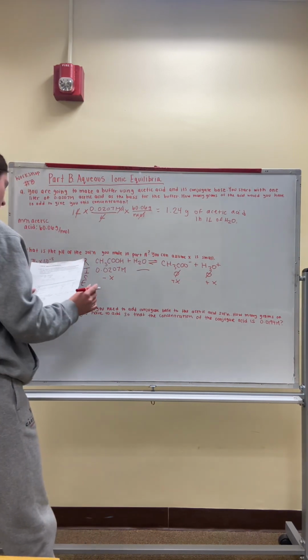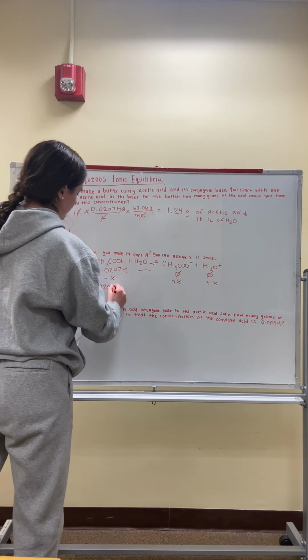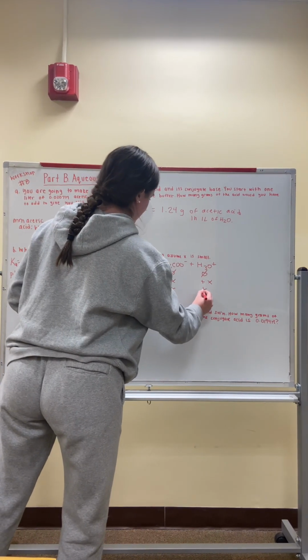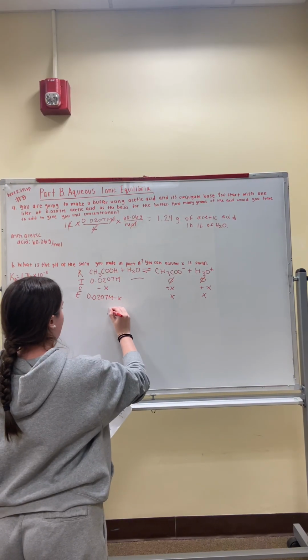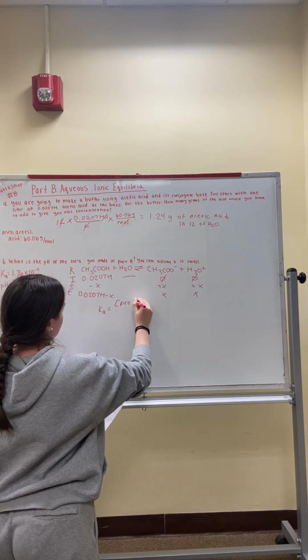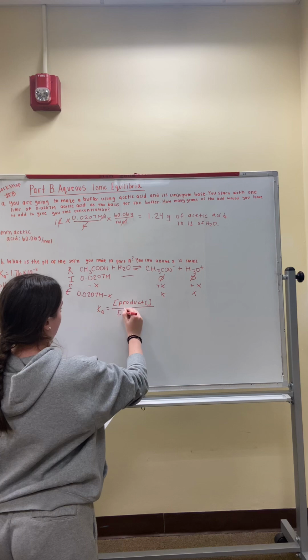So our equilibrium concentrations are 0.0207 molar minus X, and then X and X. I'm out of space. So we know that Ka equals the concentration of the products over the concentration of the reactants.